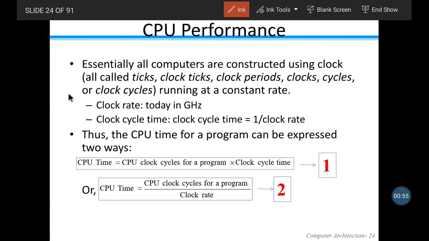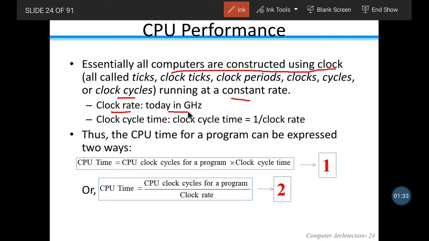If you observe here, essentially all computers are constructed using clocks. Clock is also called clock ticks, clock periods, clocks, cycles, or clock cycles. Usually, whenever we say it took 10 clock cycles or 10 clock periods, we are also measuring the clock rate, running at a constant rate. Clock rate is nothing but the frequency at which the computer is running.